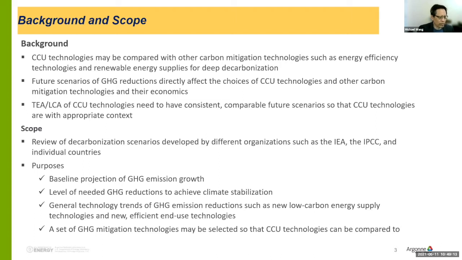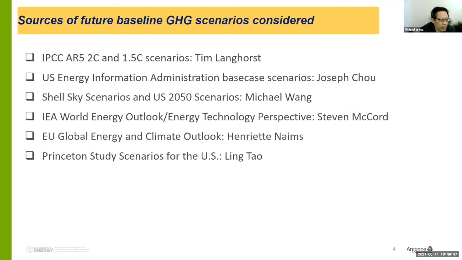So the purposes are to present the baseline projection of GHG emission growth and reduction, the level of needed GHG reductions to achieve climate stabilization, the general technology trend for GHG emission reductions, and a set of GHG mitigation technologies that may be selected so that CCU technologies can compare to. So with that, here are six studies with baseline scenarios developed.